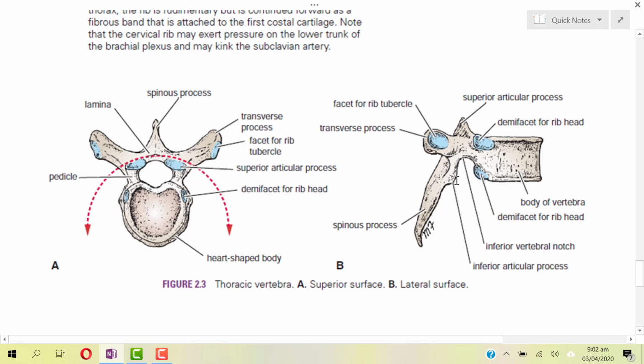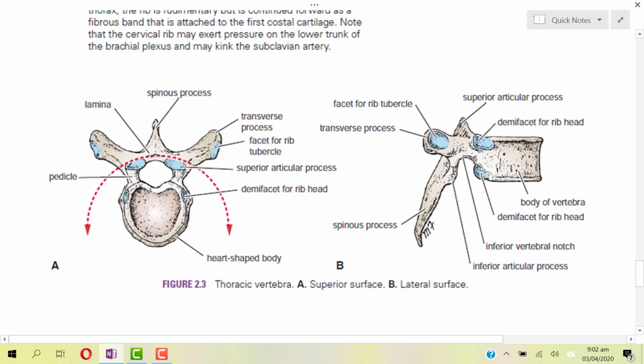When this inferior vertebral notch is articulated with the vertebra below, it will form a foramen with the superior vertebral notch of the vertebra below. Okay, again I will repeat. There will be a superior vertebral notch above and an inferior vertebral notch below.